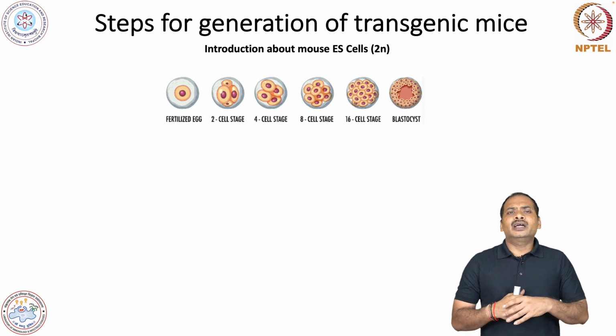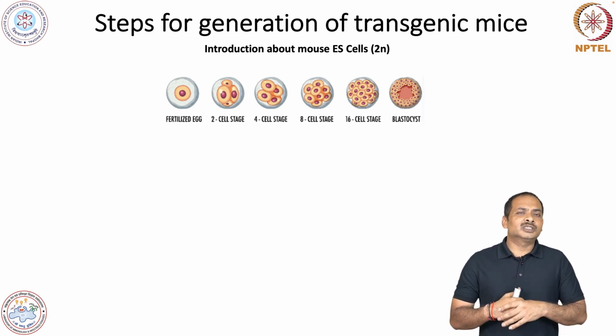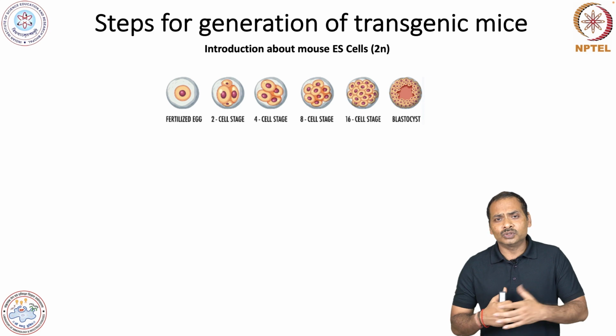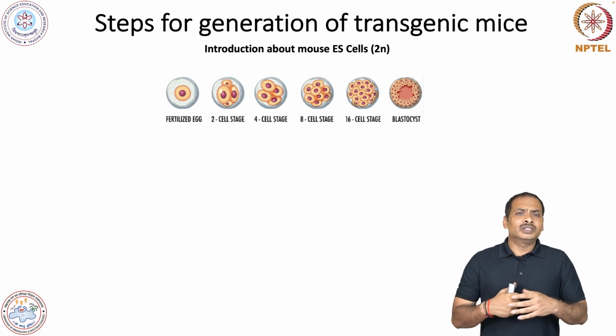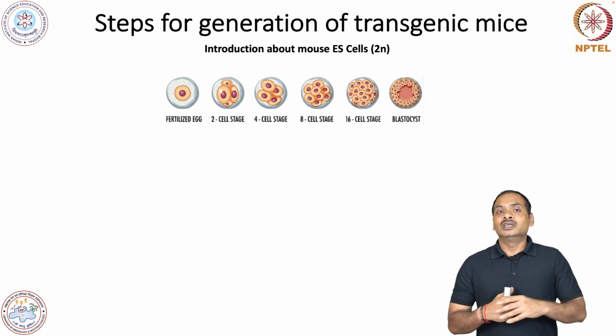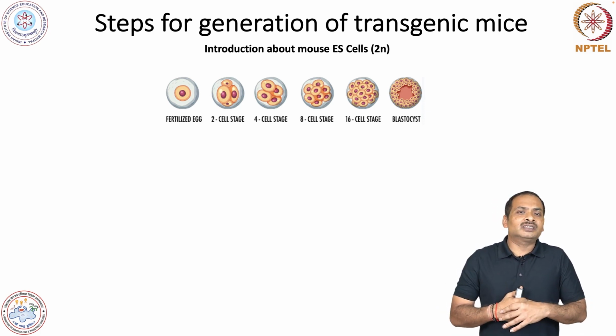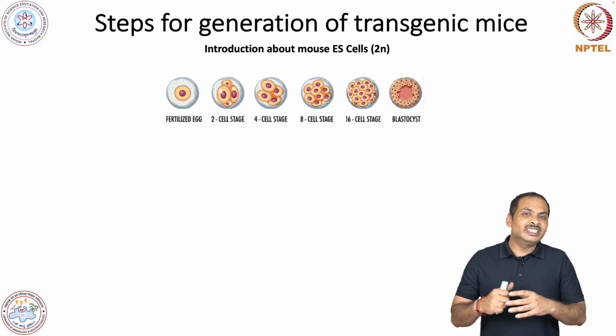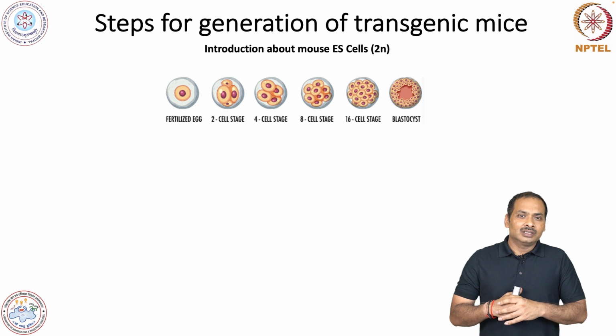In the medium we add a special factor, you can call it a cytokine, factor or hormone, which we call LIF, leukemia inhibitory factor. This leukemia inhibitory factor keeps these embryonic stem cells in the undifferentiated state.